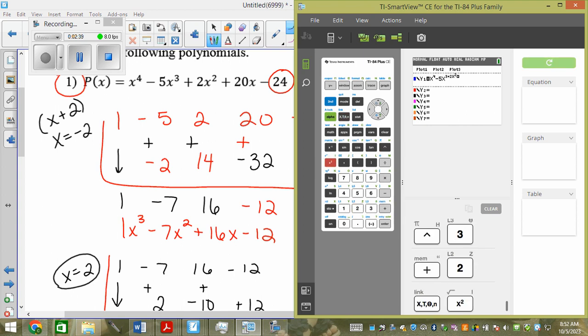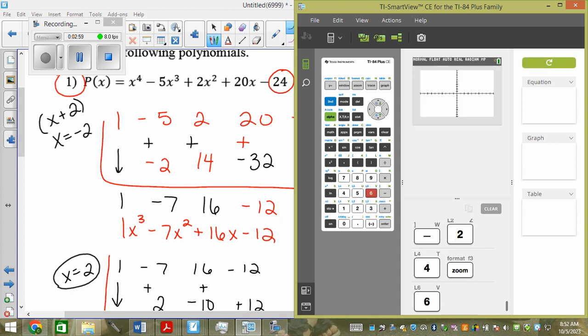There's 1 to 2, but then the parabola one. So, if you zoom 6 it, this is what you have sitting there, correct?